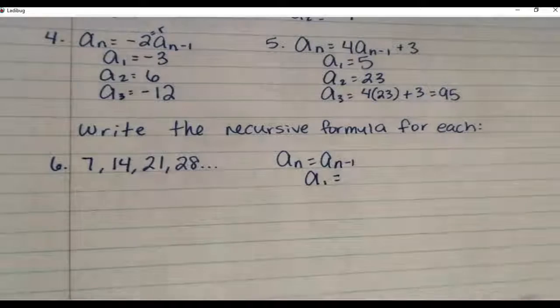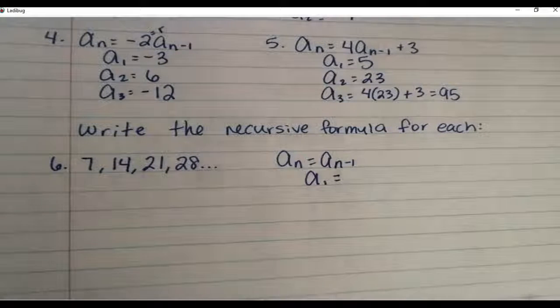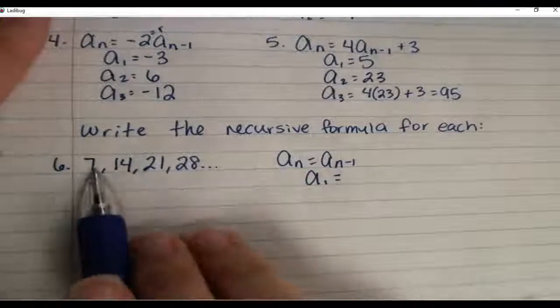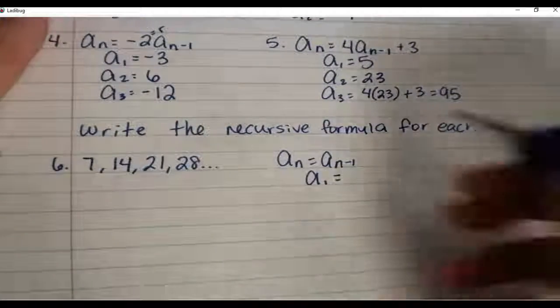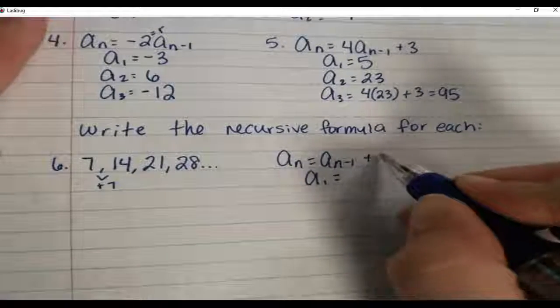So for every single one, no matter what is happening, this is what it looks like. An equals an minus 1, a1 equals something. And then you just fill in what's happening. So what's happening each time? We're adding 7. So an minus 1 plus 7.